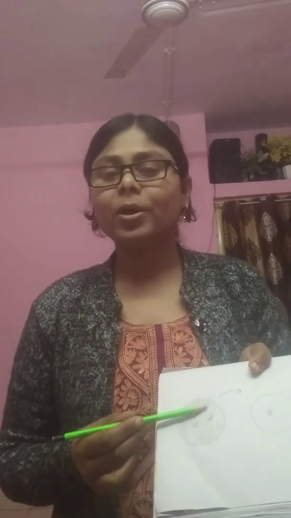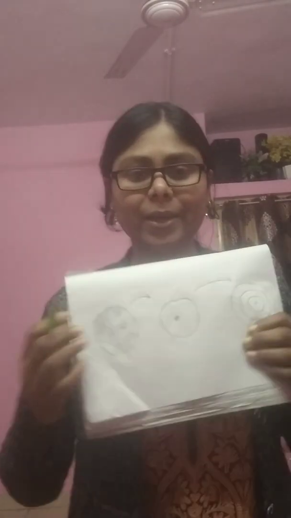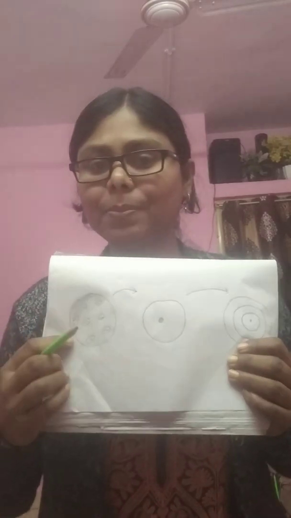We started with the atom, and we only knew that the atom is made up of electron, proton and neutron. But after the Thomson model, we got that the atom is a positively charged particle in which negative charges are embedded, as you can see in this picture.